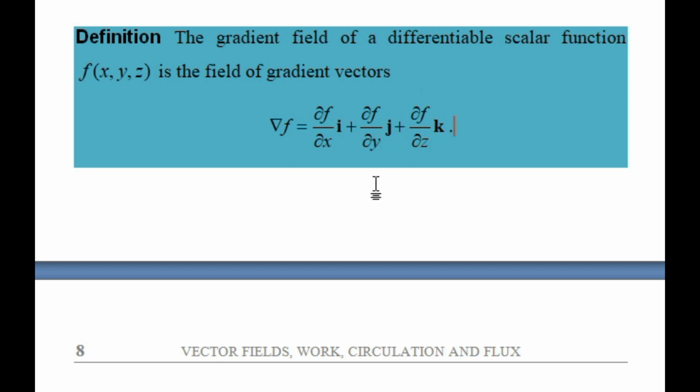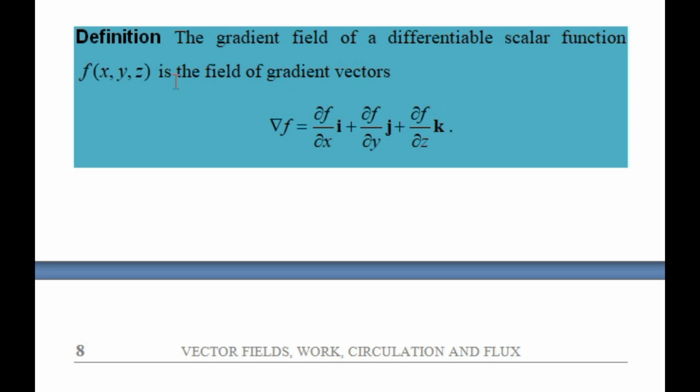And using those 3 scalars, we get this vector, and that vector is called the gradient vector or gradient field. Corresponding to each triple x, y, z in the domain of f, there will be a vector given by grad f. At each point, there will be a vector. So this grad f is called a vector field, and this is the gradient vector field.